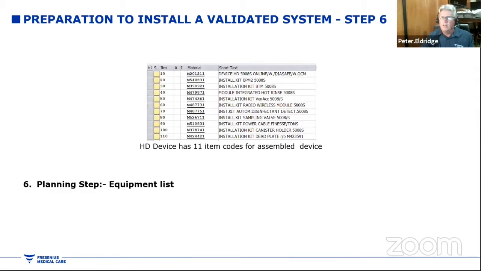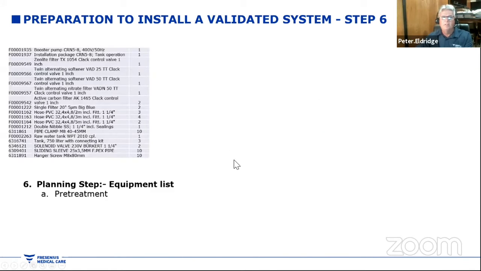When we order a dialysis machine, we may have only 11 lines here. So this is for a 5008 dialysis machine. We have, in this case, a BTM, blood temperature monitor, the type of cable we need. But when we're ordering water treatment, there's a lot of lists.